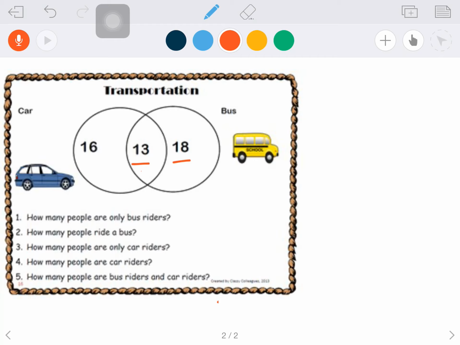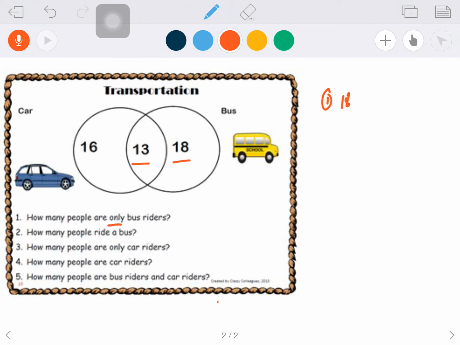But notice that it says here only bus riders. So that would now leave you whether you would include 13 in the conversation, which the answer is no. We only refer to the 18 people, who are exclusively bus riders.